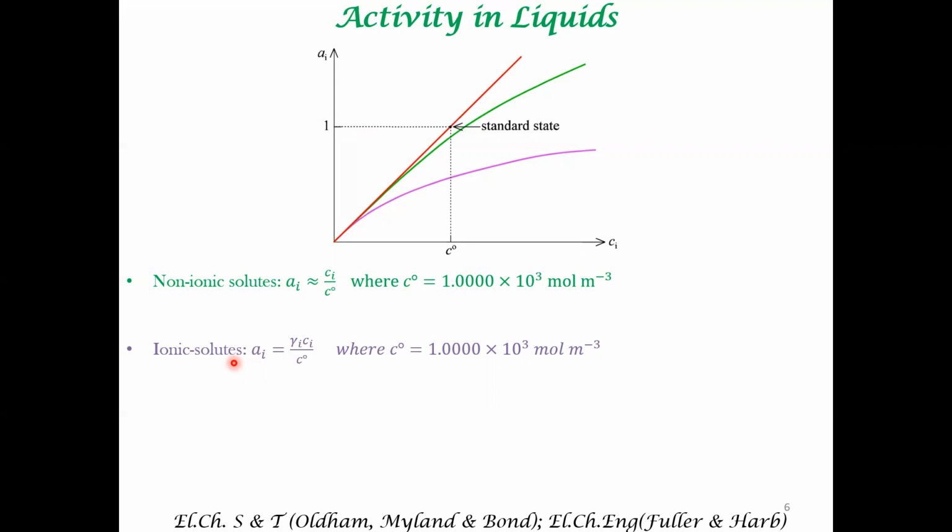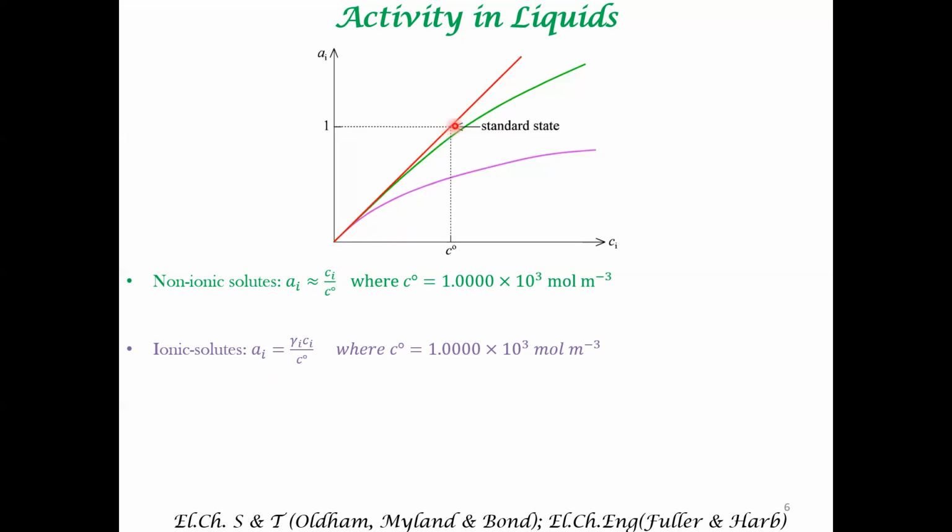Okay. So there are two kinds of interactions that are present when you are discussing these things. One is the ion-solvent interaction, or the solute-solvent interaction, which will determine whether the solute is soluble in that particular solvent. We are not discussing that interaction when we are talking about deviation from this linear line.